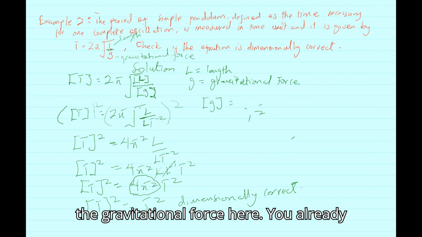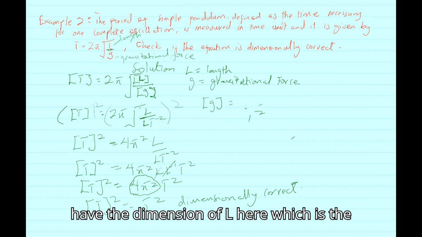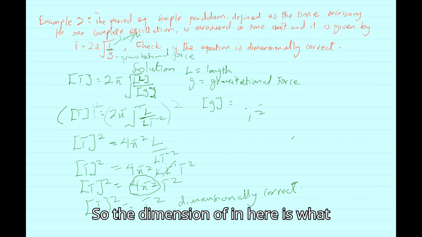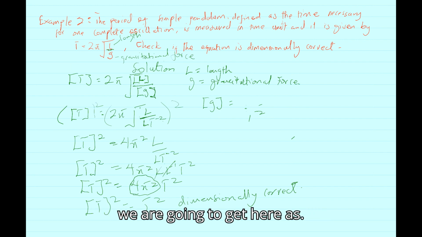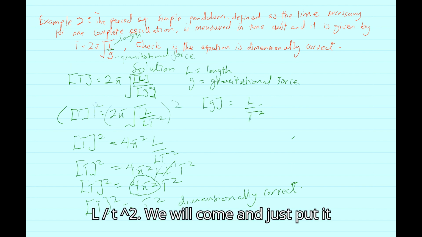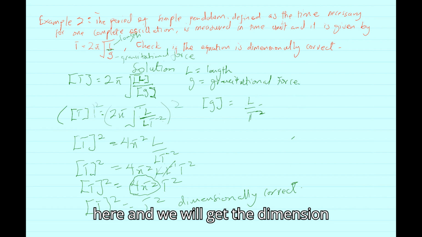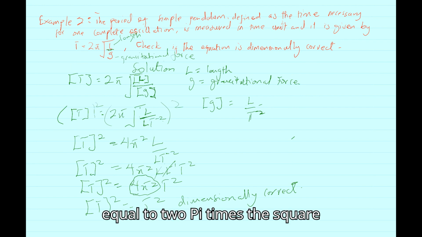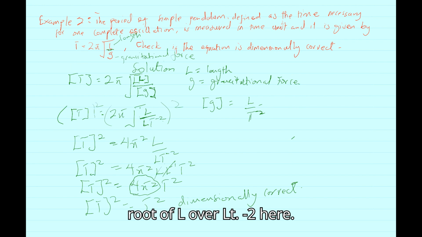You already have the dimension of L, which is the length, capital L. The dimension of g is what we are going to get as L over T squared. We will just put it here, and we get the dimension of T equal to 2 pi times the square root of L over L T minus 2.